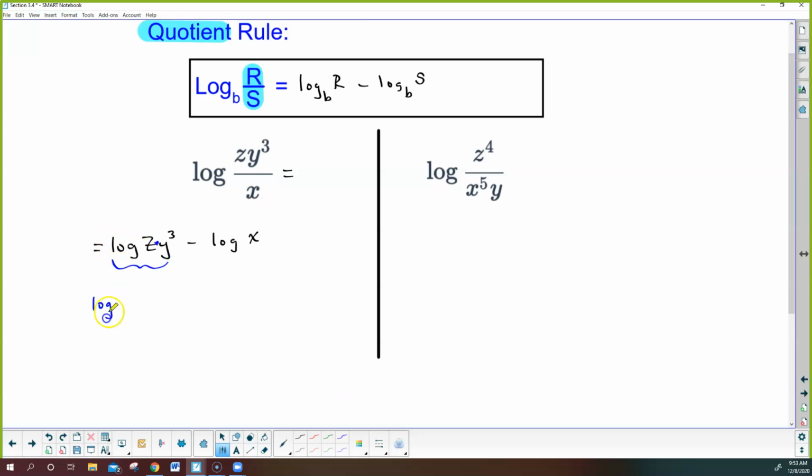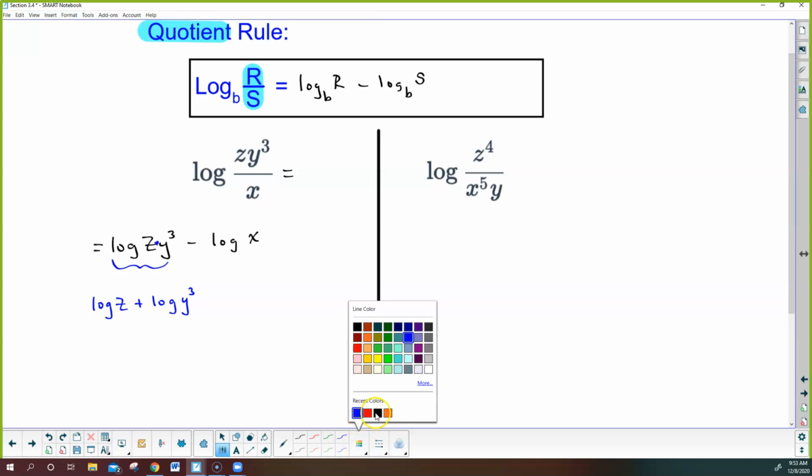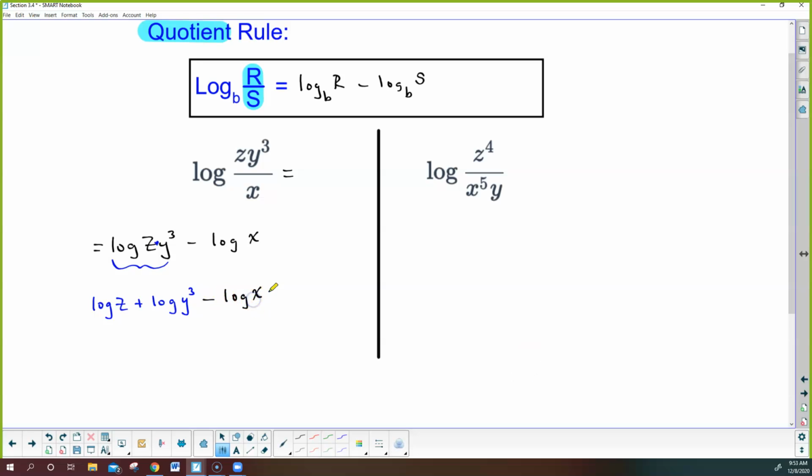It's going to be the log of z plus the log of y to the third, and you might be thinking, I know what to do with that 3. And the quotient part, the log of x, just stays at the end.